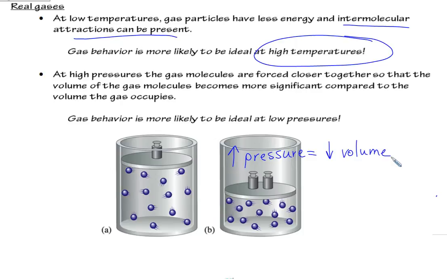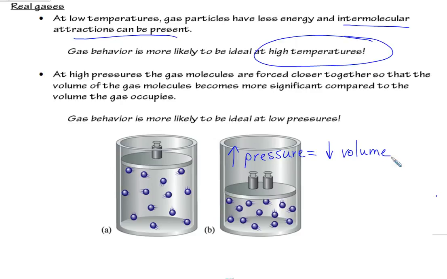Well, what if I increase the pressure so much to the point that those particles are forced into a very small volume? They're very close together now. Well, now the volume of the gas particles themselves might be significant. The volume might change a little bit because I'm smushing those particles so close together.